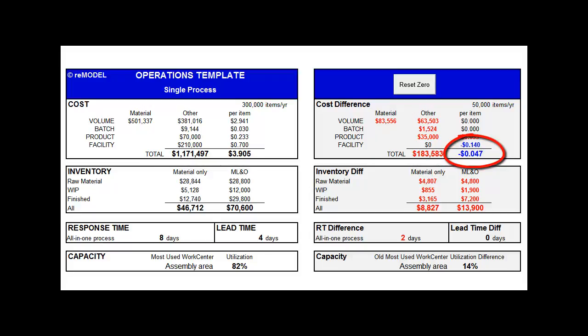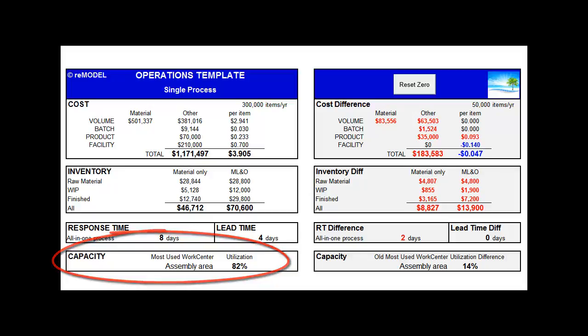So making extra volume, we have brought the unit cost down. We've still got inventory going up for the reasons we've explained. The response time has still gone up, but not as much as it did before. And clearly we're making more products, so we need a bit more capacity for it. And at 82%, that's pretty much on the borderline of what you would normally consider acceptable capacity utilization.